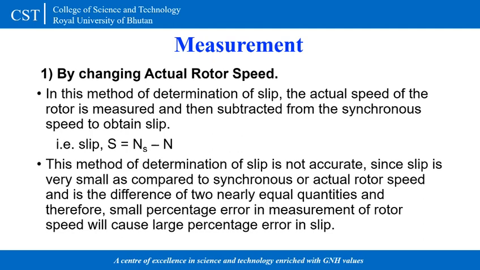When we get such things, the percentage error in measurement of rotor speed will be very, very less, and therefore we will not be able to get accurate value of error, I mean the slip.